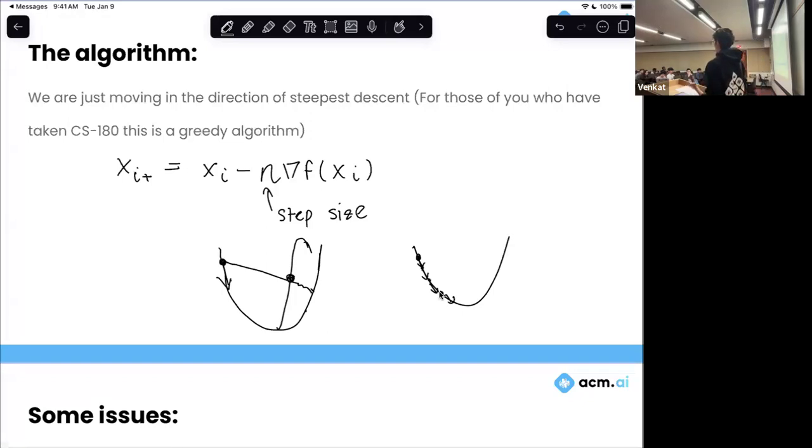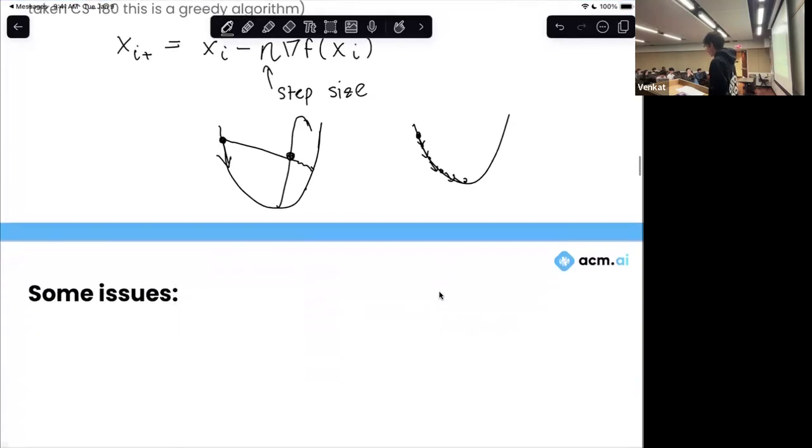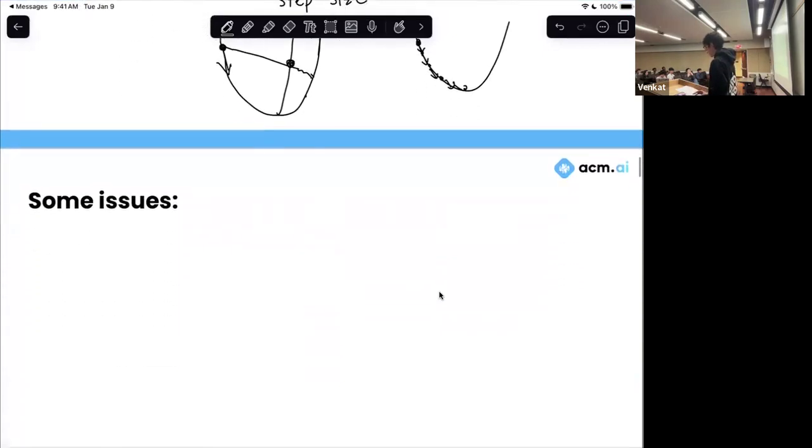And we don't like that because then we're not solving our machine learning problems. So basically the entire point of today's workshop is how do we prove that there exists a step size for certain functions that will guarantee us to reach a local minimum, a global minimum rather, within a certain amount of time.